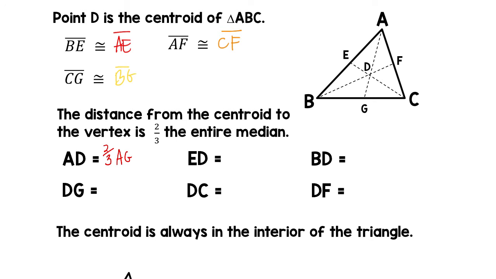We can also say that that is equal to 2 DG. So let's talk about this one more time. AD is 2/3 of the whole median, and AD is twice as long as DG.